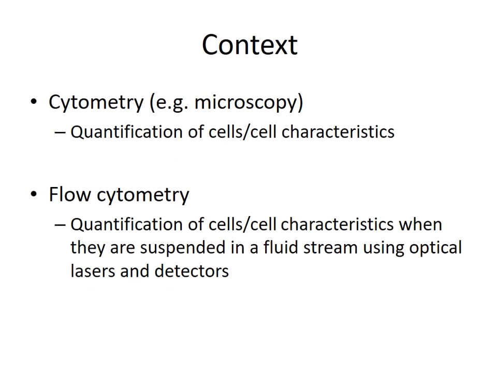Okay? So, just to give a bit of context, cytometry is the quantification of cell or cellular characteristics. And the spin on this in terms of flow cytometer is it's looking at the quantification of cells or cell characteristics when the cells are suspended in a fluid stream. Okay? So flow cytometry is, as you'll find out, a very important method that's used in laboratories, both in terms of research.